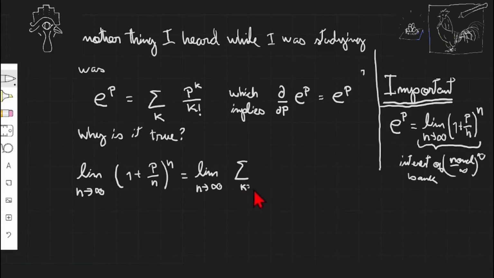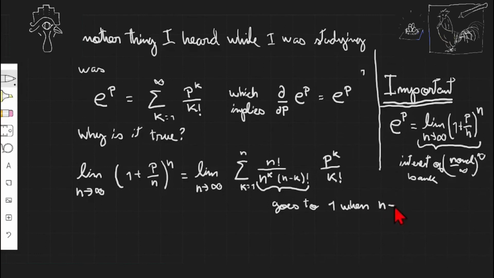For that, let me write this. We will use Newton's binomial to calculate this part. We get this big sum, but we also notice that this part will tend to 1 when n tends to infinity. Therefore, we get what we started with.